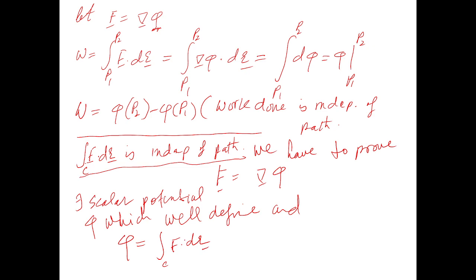As it is independent of the path, taking any path we will get the same phi. Taking any path for this work we will get the same phi. Now take the differential on both sides. We have d phi is equal to F dot dr.